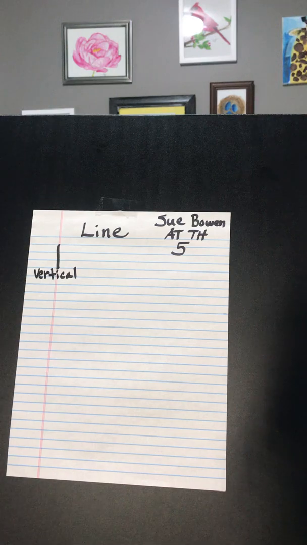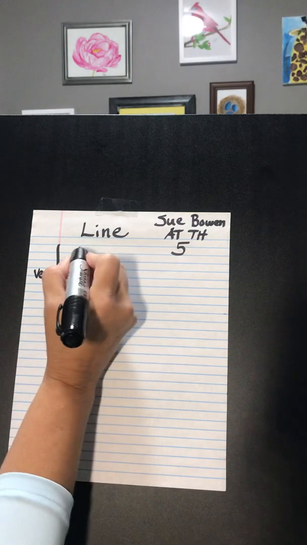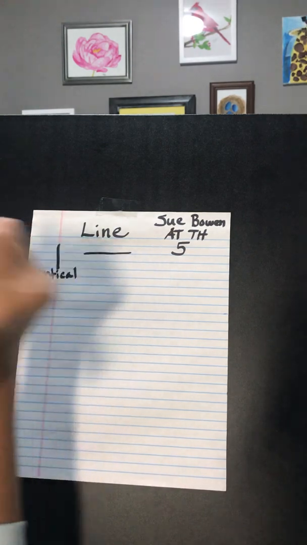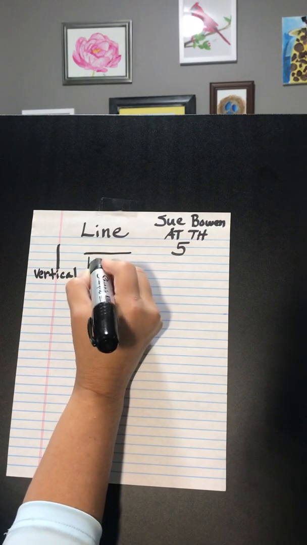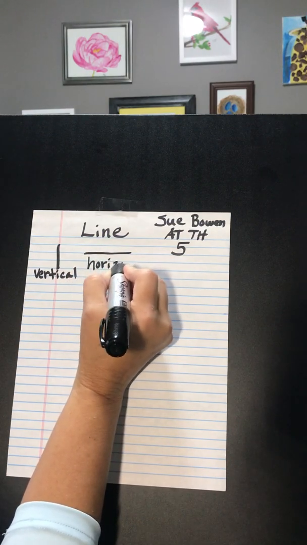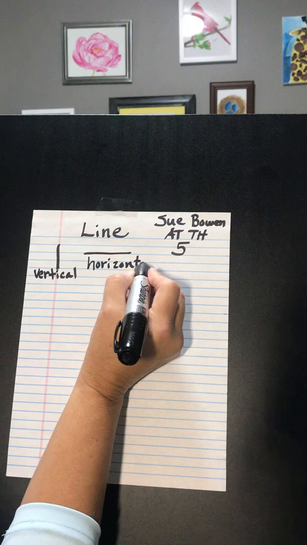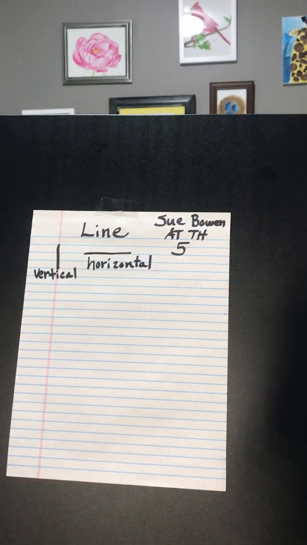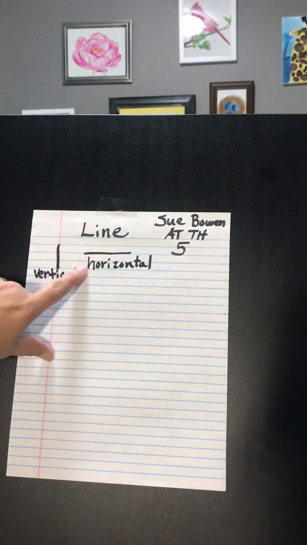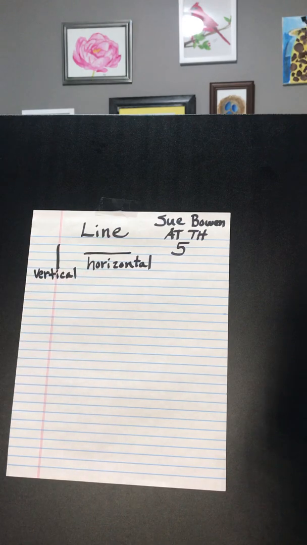Vertical. Remember, anytime I'm going too fast, you just need to pause the video. The next one is a line that goes left to right, and that's a horizontal line. So please draw that line. You can use the light blue on your paper as a guide and write the word horizontal underneath it.